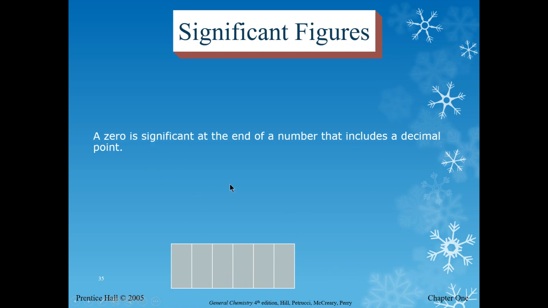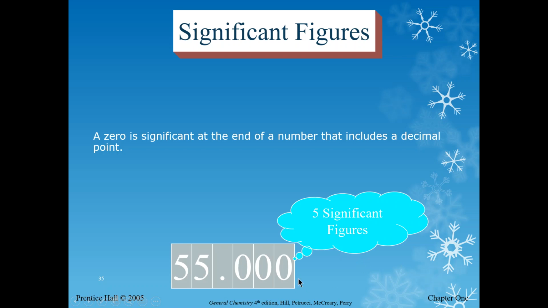Okay, the next rule has to do with zeros at the end of a number that includes a decimal point. And according to this rule, such zeros are significant. So if you have a number where you have zeros at the end of the number and there's a decimal point anywhere in that number, then those zeros are significant, such as this number right here, 55.000.